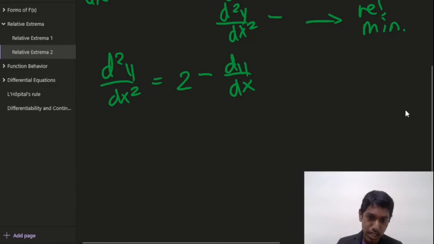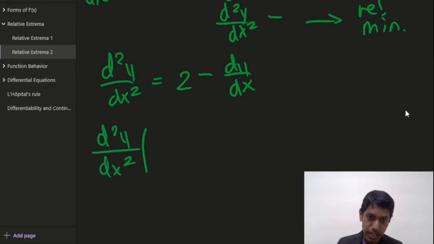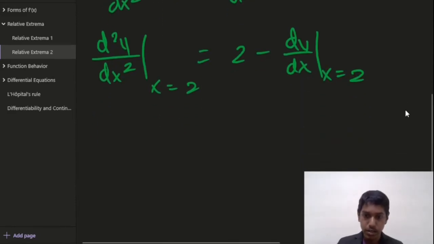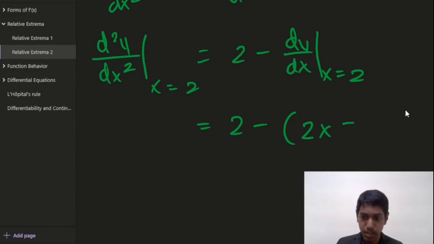So I'm going to say that the second derivative at x equals 2 is going to be 2 minus the first derivative at x equals 2, right? And we know that to be 2x minus y, provided x is 2. So we're just going to plug in now.